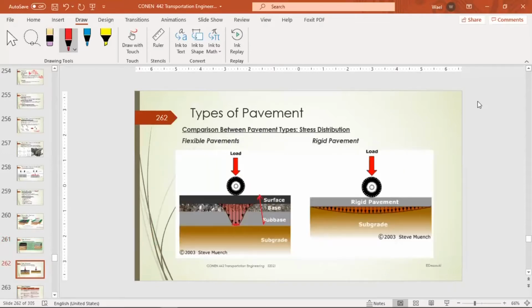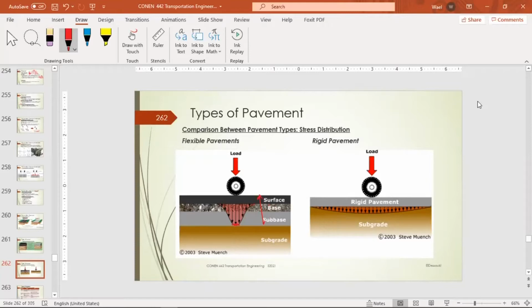Okay, how does pavement type affect the design? First of all, as you can see, in flexible pavement the load is more concentrated, and that's the distribution of the load in the longitudinal direction. For rigid pavement, the concrete is basically a slab, so when it distributes the load, it distributes the load on a larger area, as we can see here.